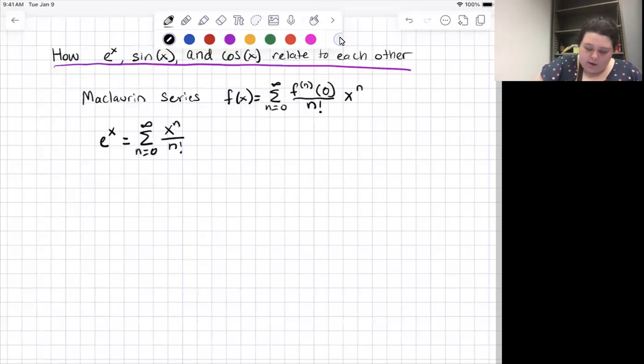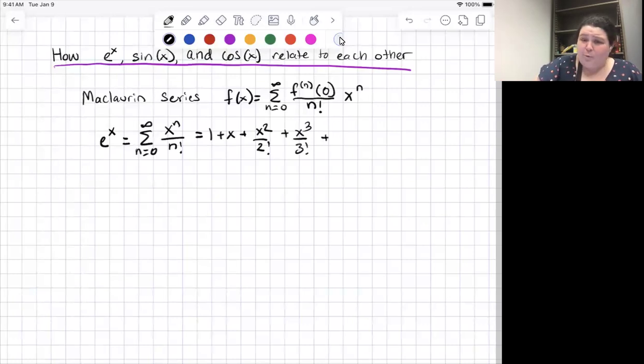So that means we are looking at a sequence of polynomials added up as 1 plus x plus x squared over 2 factorial plus x cubed over 3 factorial.